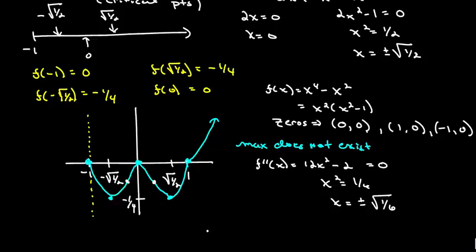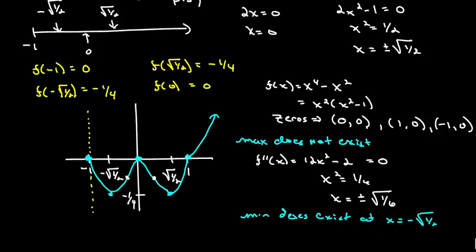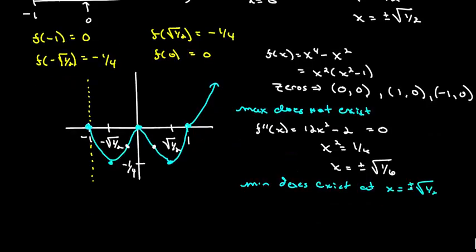Also, we can take a look for points of inflection if we want to, or we can take a look to see if these mins and maxes are actually local minimums and maximums, and they are. So what we have is a max not existing, and a minimum does exist at x equals negative square root of 1/2 and positive square root of 1/2.